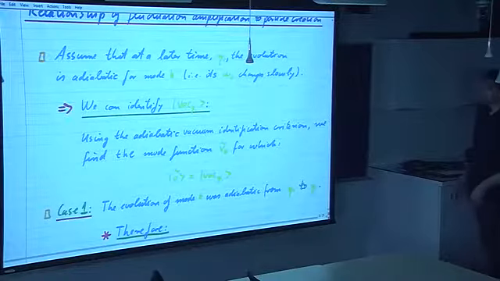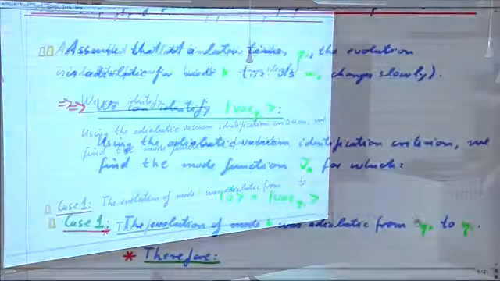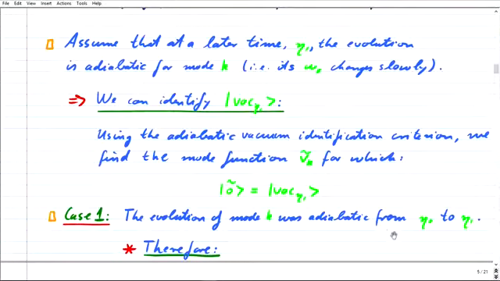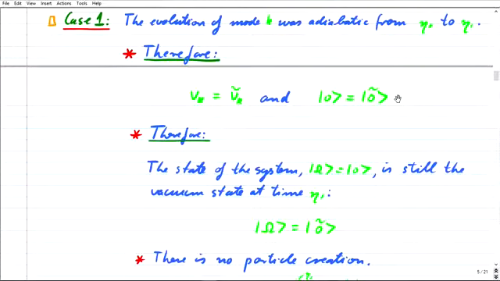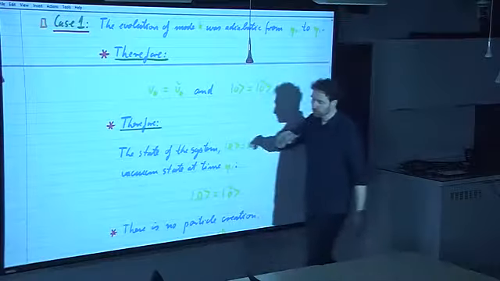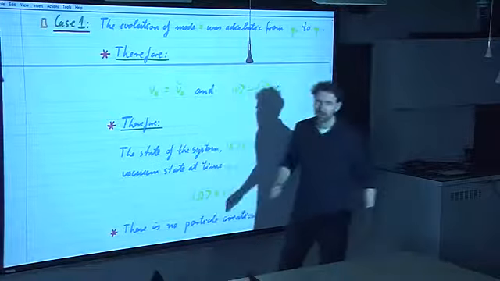What can we say then about the generating of quantum fluctuations or the generating of particles? So let's assume the evolution was adiabatic from eta 0 to eta 1.